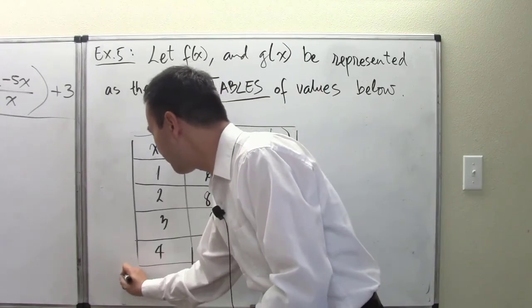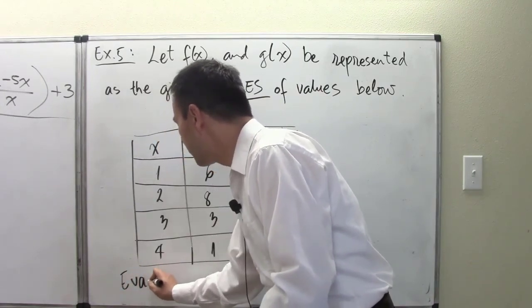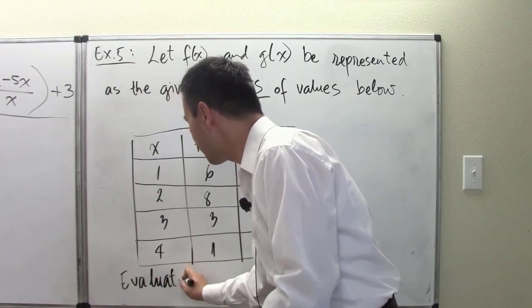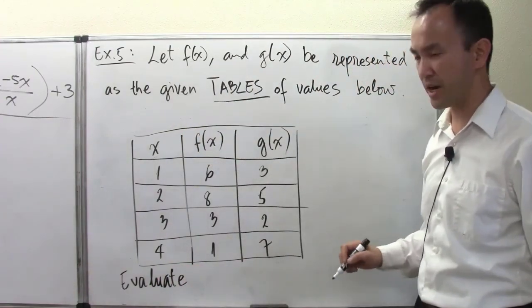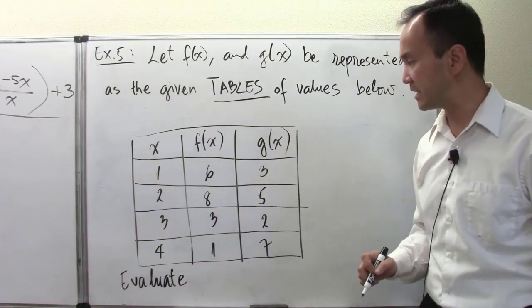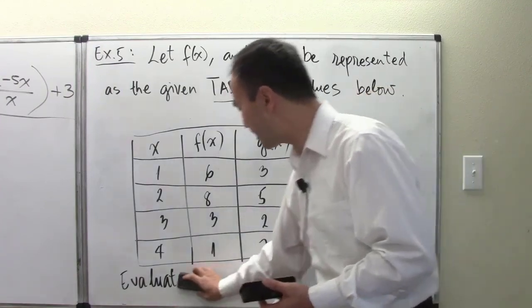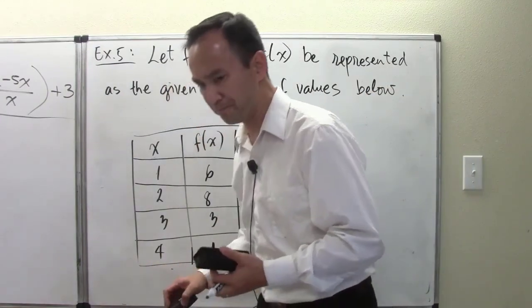So now from that table we want to evaluate. I'm gonna move over to the other part of the board, or maybe let me also write this instruction on the other board right there.